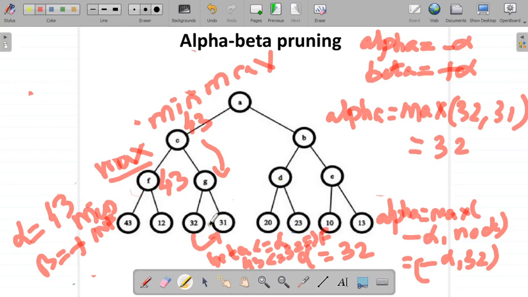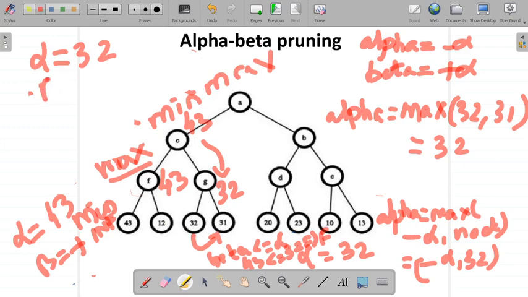Now we should find the maximum one here, because we should pass the node value to the upper node. We can't pass the alpha beta value. So the node value 32 and 31, which one is the maximum? 32.